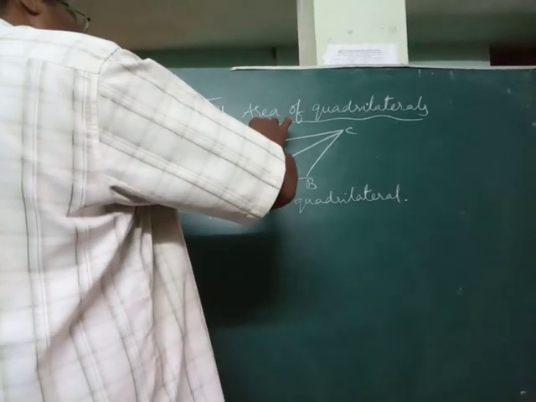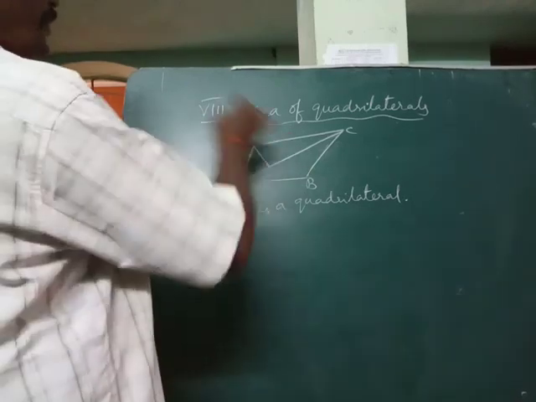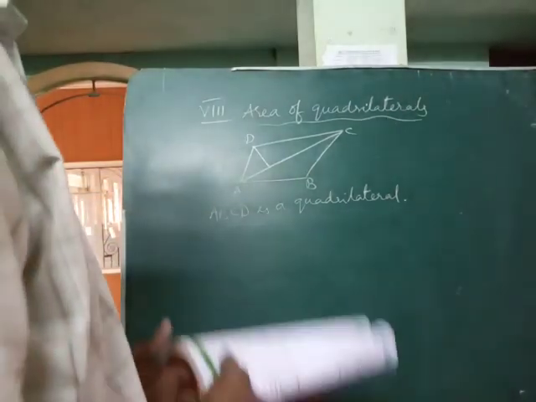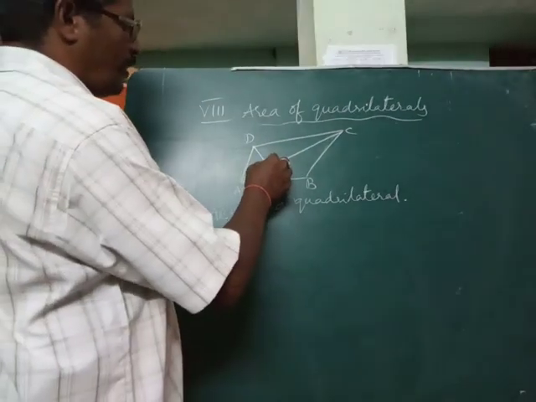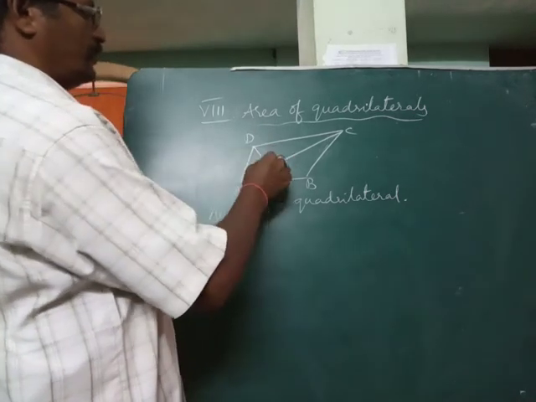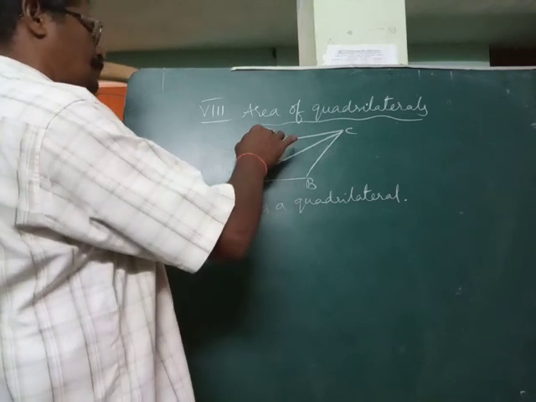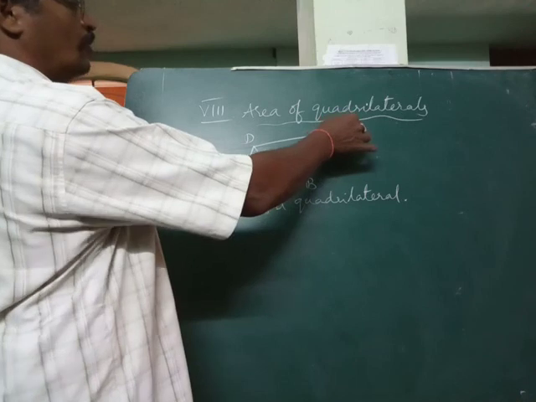This is the perpendicular on AC from D. Perpendicular line means here is having 90 degrees. This line is perpendicular to AC.